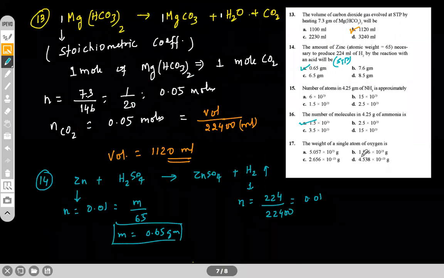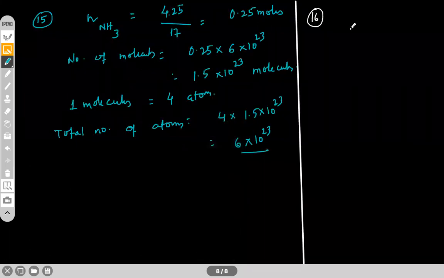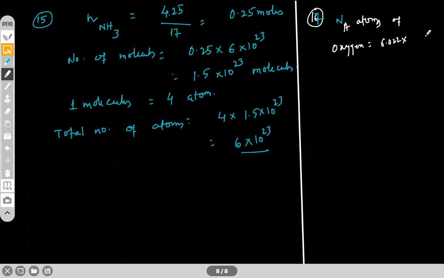The 17th one: what is the weight of a single atom of oxygen? We know the weight of Na atoms of oxygen. Weight of Na atoms is the atomic mass, which for oxygen is 16 gram.